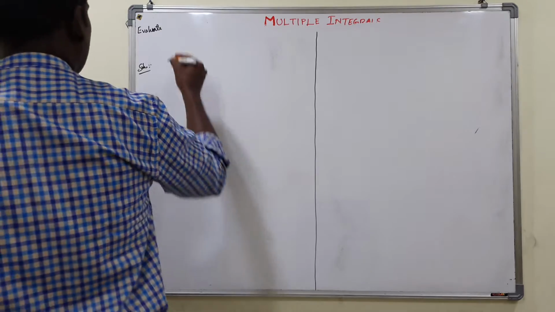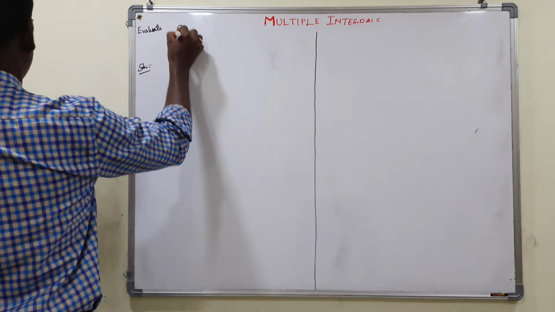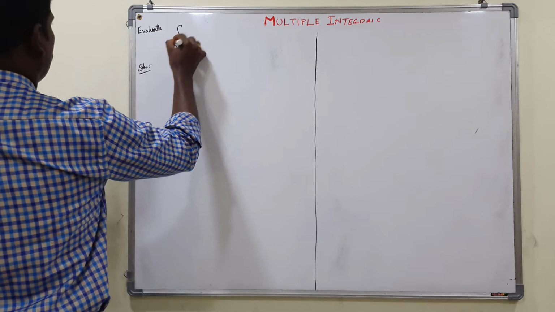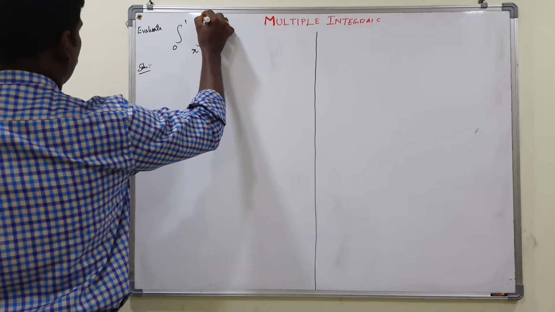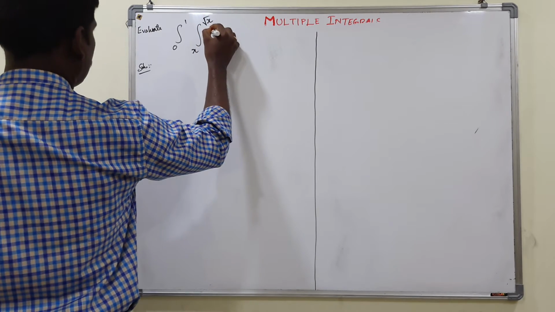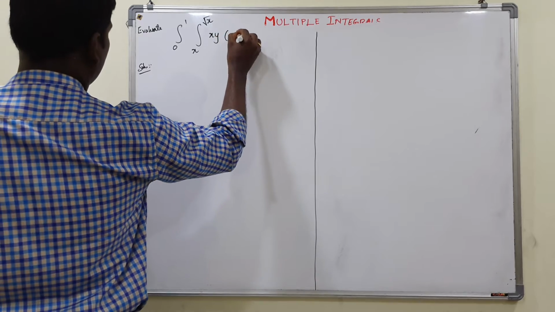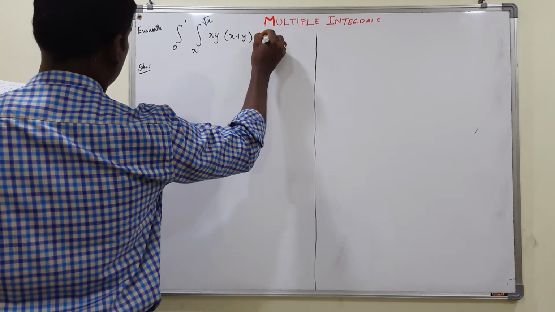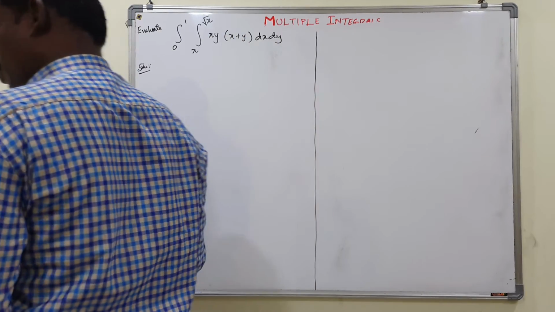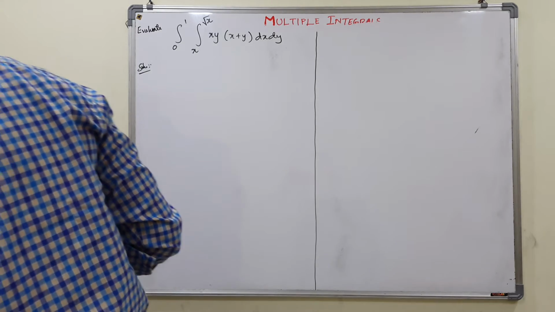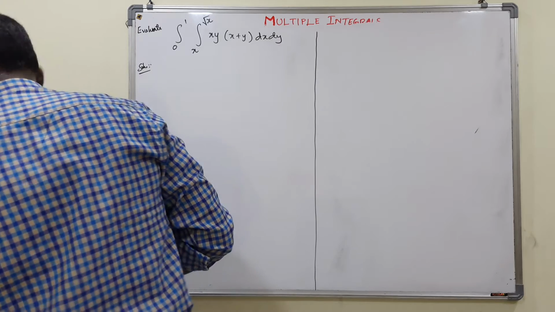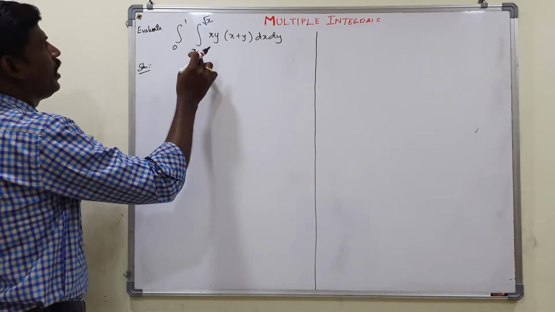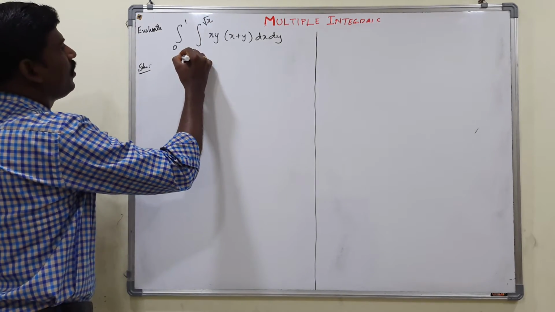I is equal to evaluate integral 0 to 1, integral x to root x, xy into x plus y dx dy. Look at the area of integration, the region of integration.